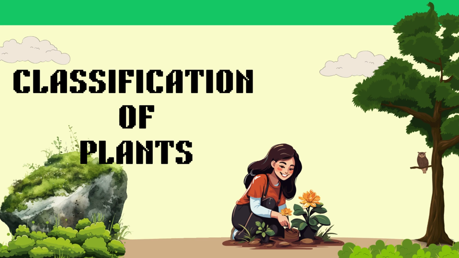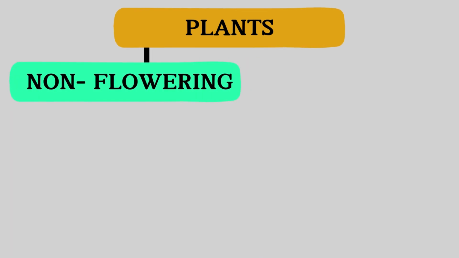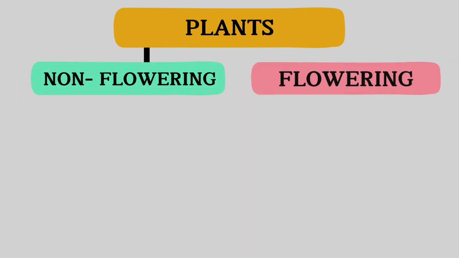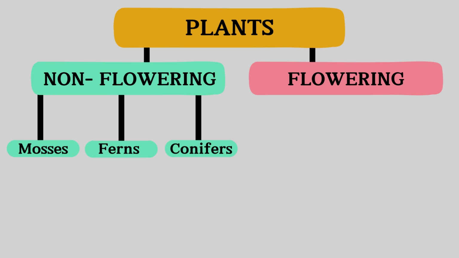Let's start. Plants are multicellular organisms which make their own food. There is an estimated more than 350,000 kinds of plants, but we have classified them as non-flowering plants, which are further divided into three types: mosses, ferns, and conifers.